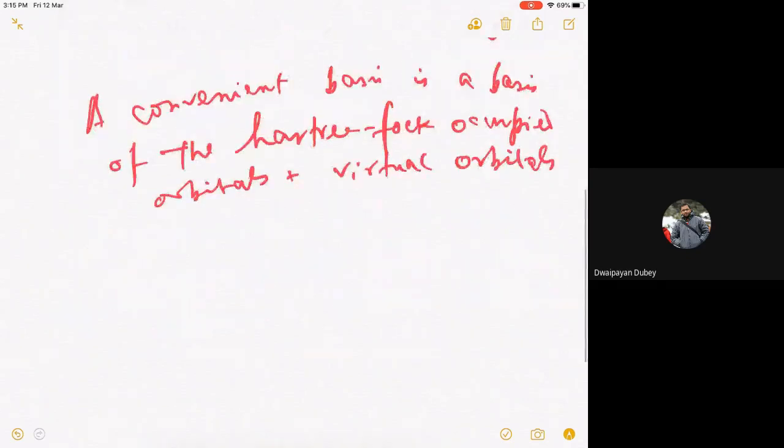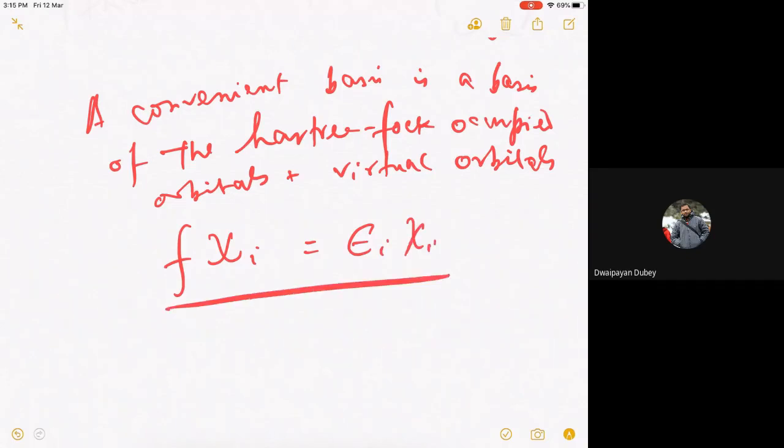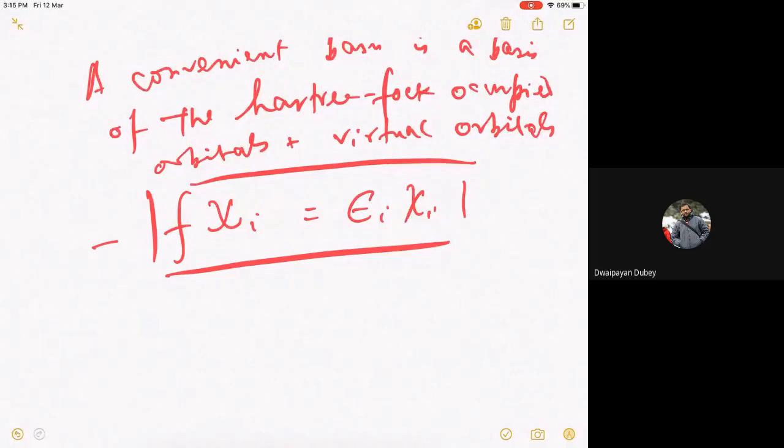If you note that in the Hartree-Fock we solved a one-particle equation. I just remind you the equation. In this equation, the n spin orbitals which have the lowest orbital energies were used to obtain the Hartree-Fock determinant, right? However, this one-particle eigenvalue equation in principle gives a large number of orbitals.